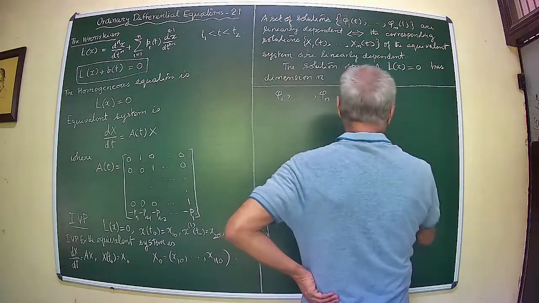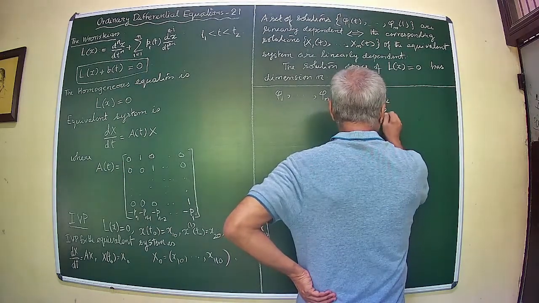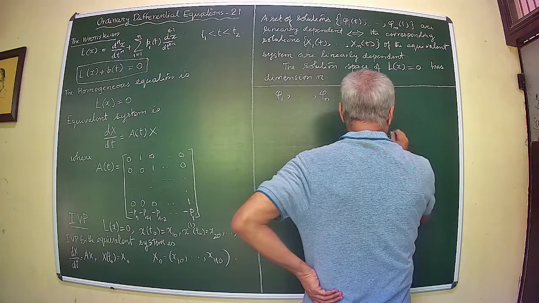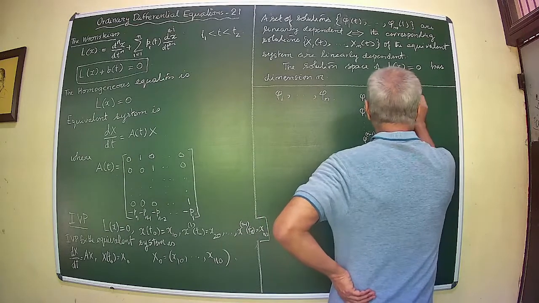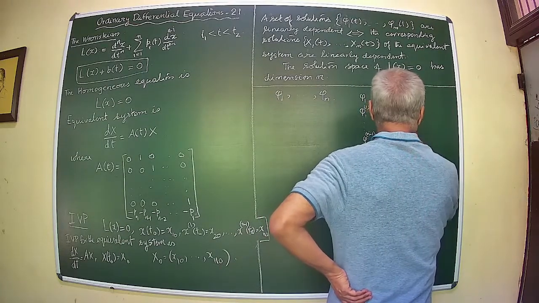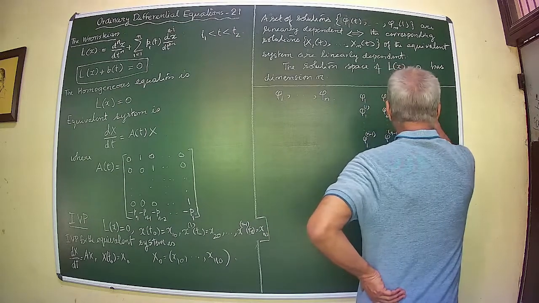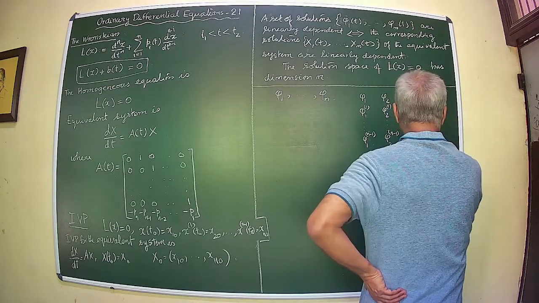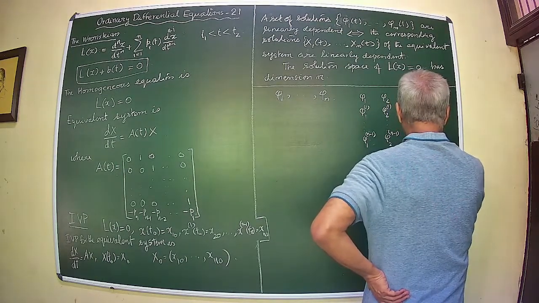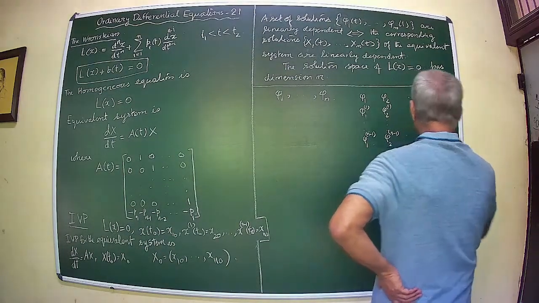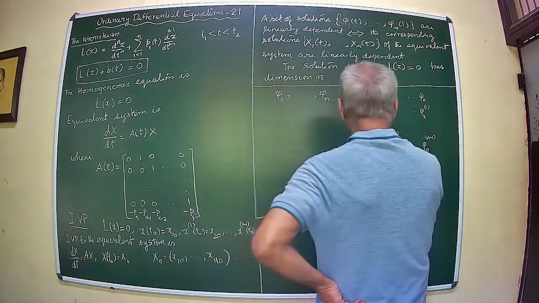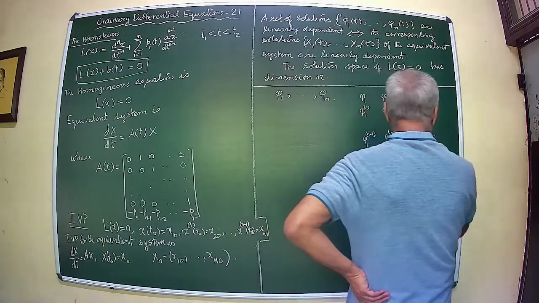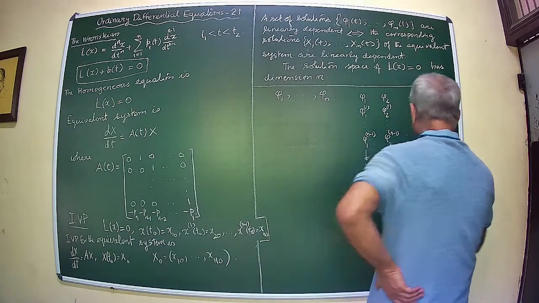This is your x1, and similarly phi 2 and so on. This is what you have. So this corresponds to x1, this corresponds to x2, and so on.